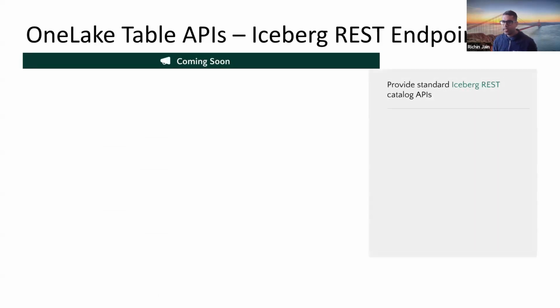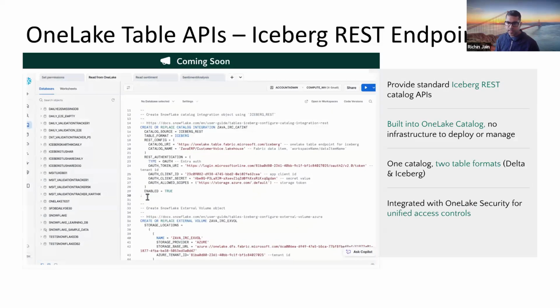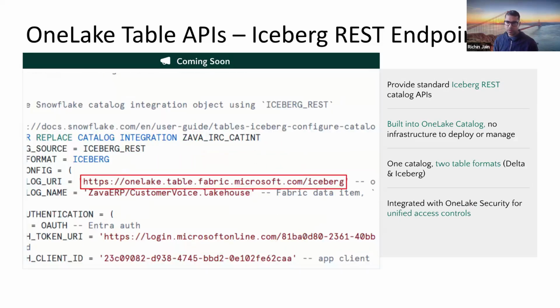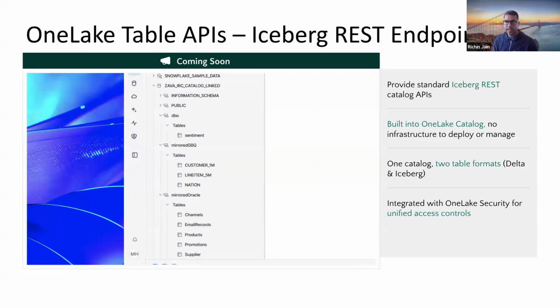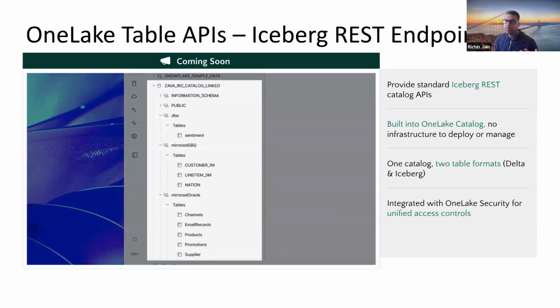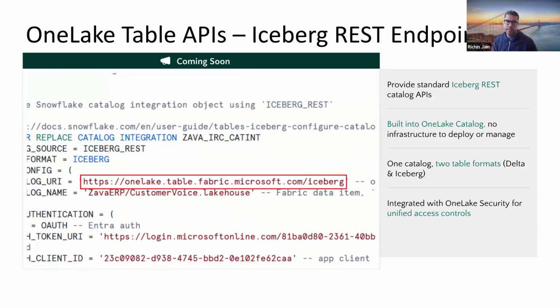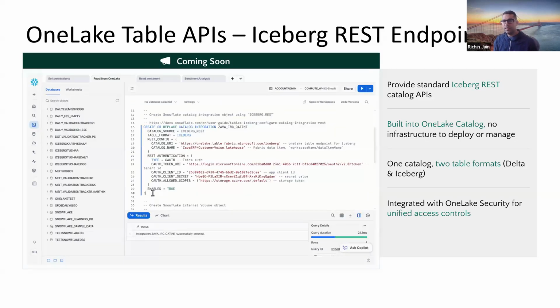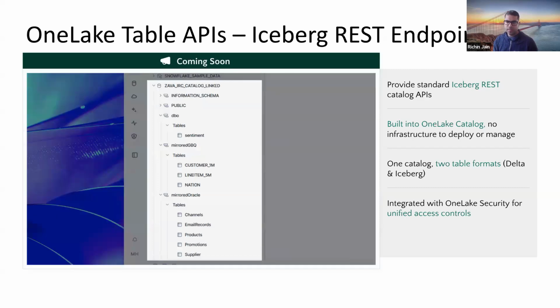And I already talked about Iceberg support that we have started enabling our customers for. So what we also support is we provide a set of APIs on top of One Lake, which is Iceberg compliant. So they're Iceberg REST catalog compliant. You can view your tables, list all the tables as part of these APIs.